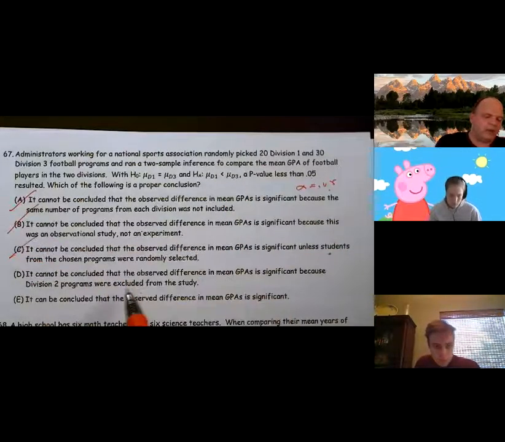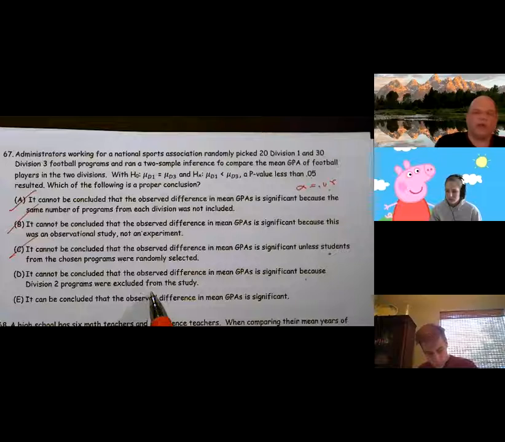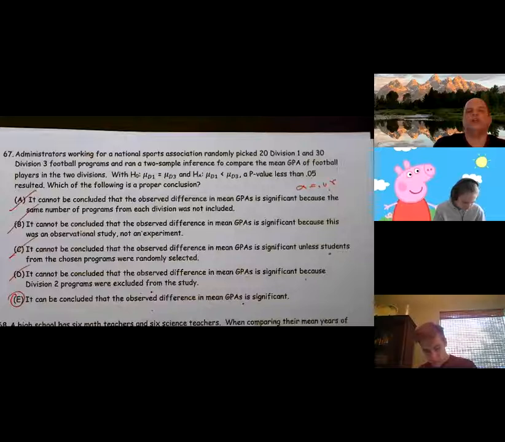It cannot be concluded that observed differences in mean GPAs is significant because Division II programs were excluded? They weren't testing Division II. They're only testing Division I and III. It can be concluded that the observed differences is significant, right? It can be concluded that the observed differences is significant.